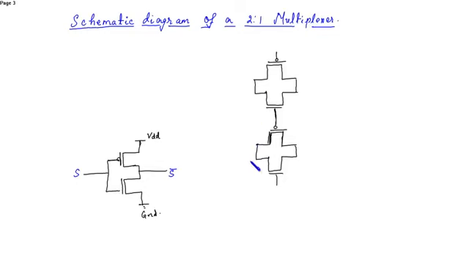So the inputs will be I0 and I1, with the outputs shorted. The control will be given at the gate, because we know the gate is the controlling input. So at one point we have to give S, and at the other point we have to give S bar. So S is given over here, and S bar to these terminals.